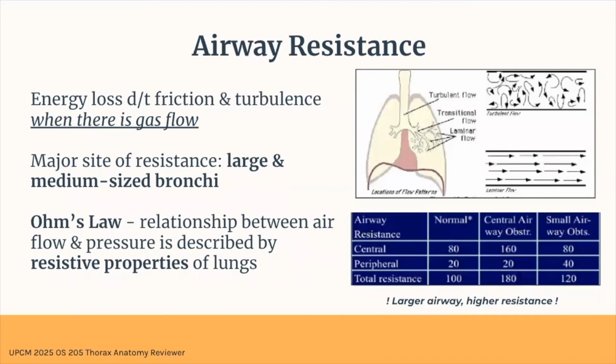So, ano ba nga yung airway resistance? Airway resistance is the energy loss due to friction and turbulence when there is gas flow. Again, when there is gas flow. Kung walang gas flow, walang airway resistance na nangyayari. The important thing to remember is that airway resistance only occurs when there is gas flow. The major site of resistance actually happens in your large and medium-sized bronchi.